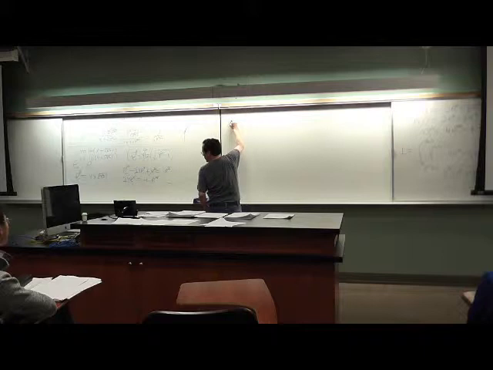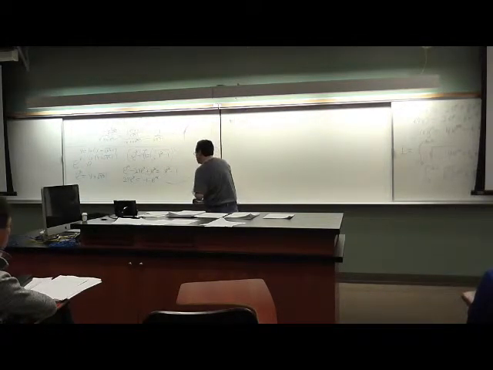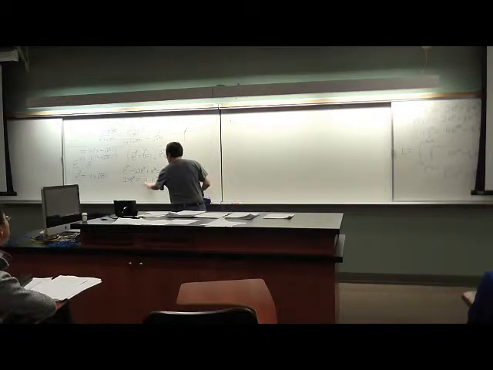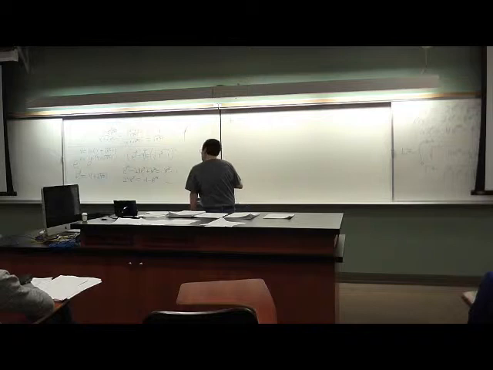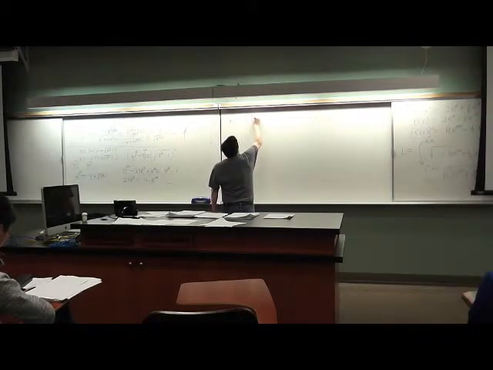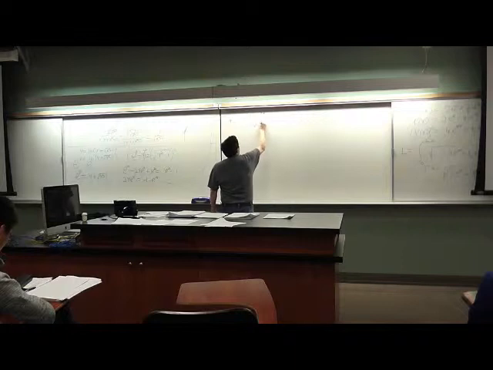What do we end up with? We end up with y equals negative 1 minus e to the 2x over minus 2 e to the x.